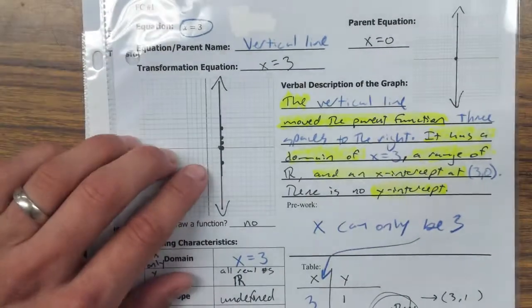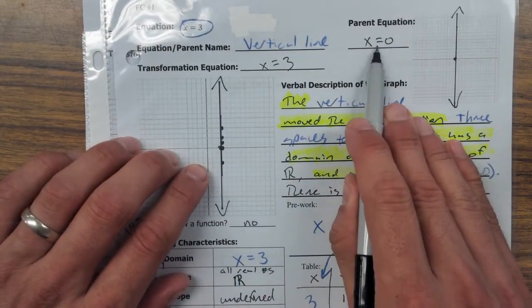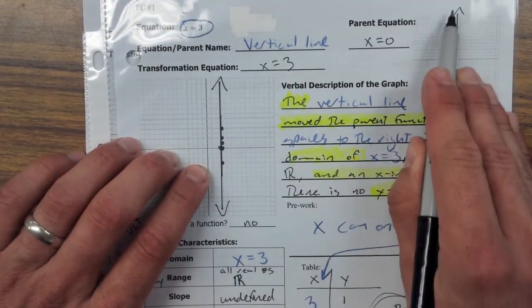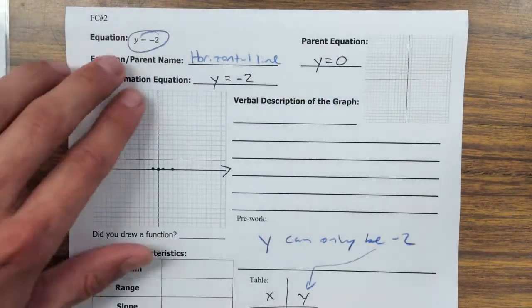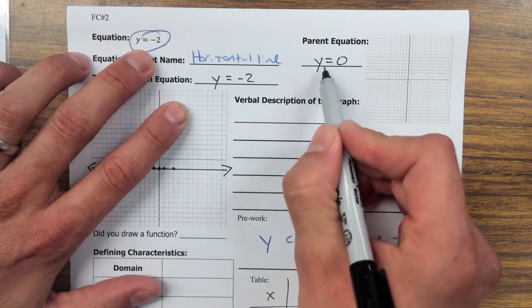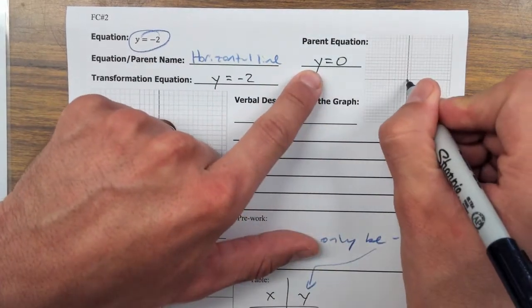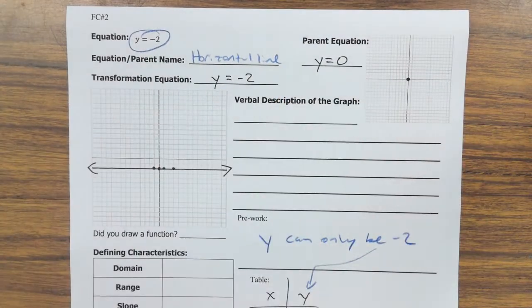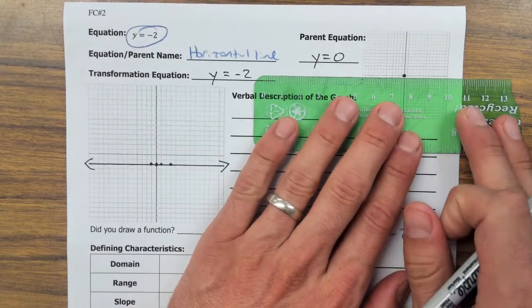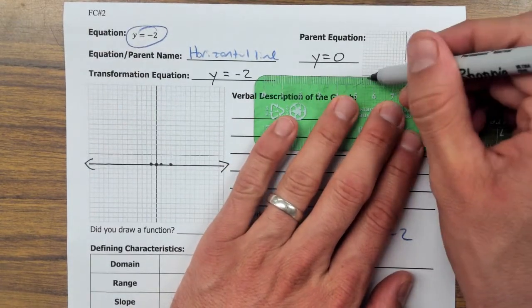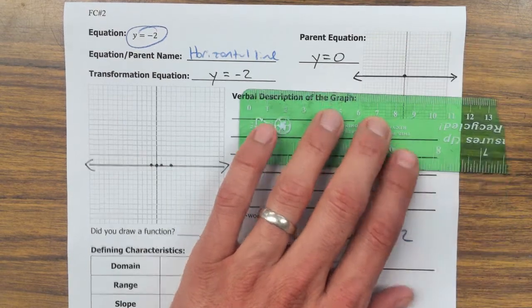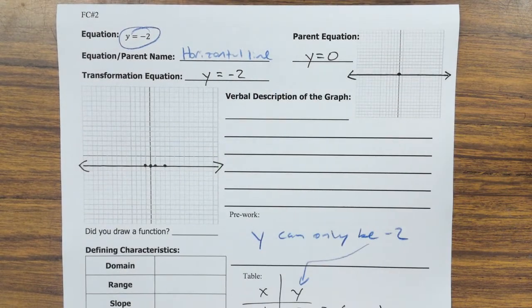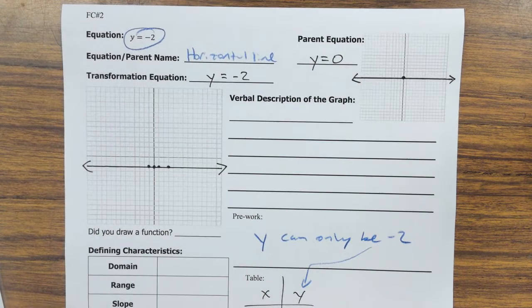For FC1, the parent function x equals 0 is a vertical line through x equals 0. For FC2, the parent function y equals 0 is a horizontal line through y equals 0. So there's some consistency and yet slight differences already.